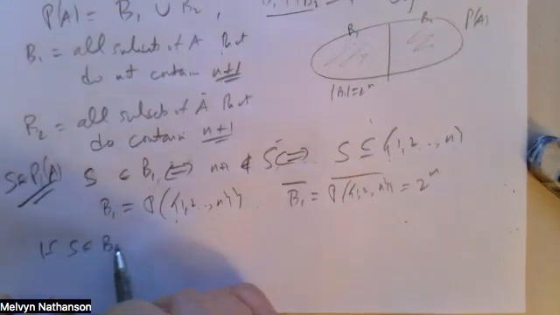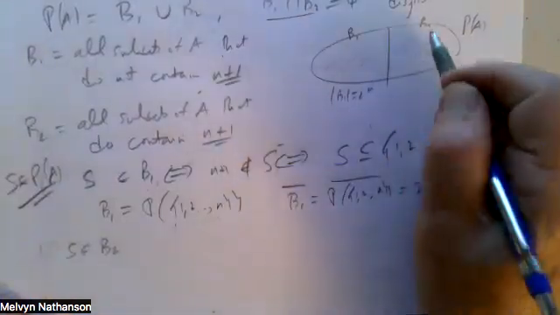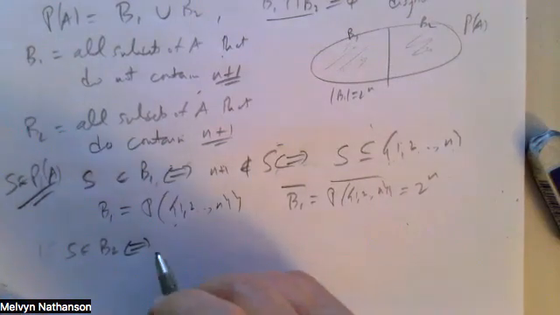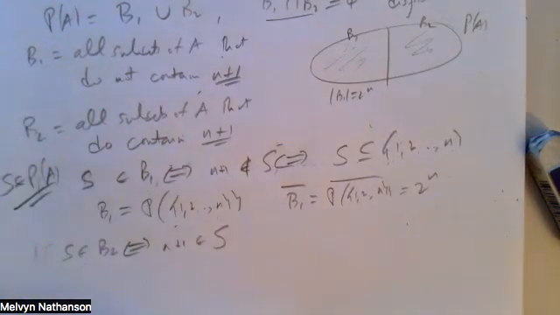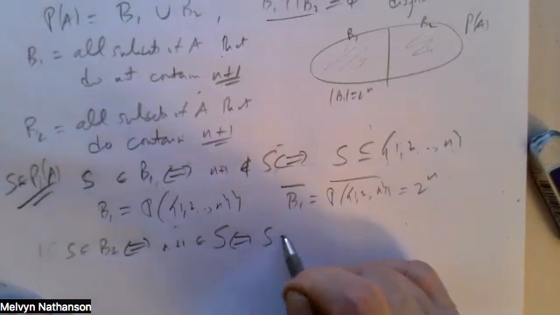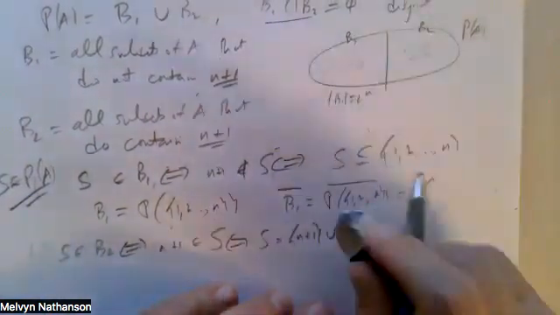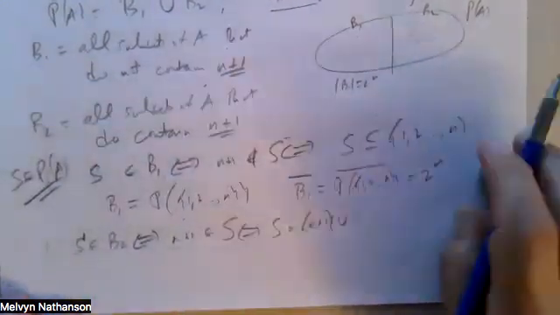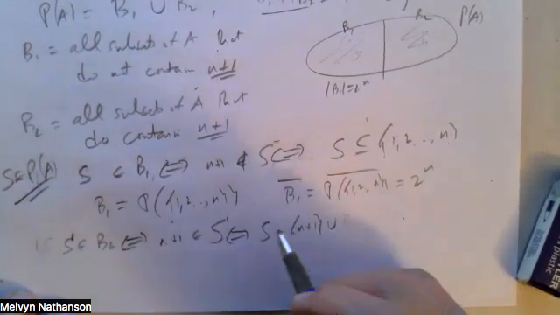Now let's look at how many elements are in B2. So S prime is in B2 if and only if n plus 1 is in S prime.